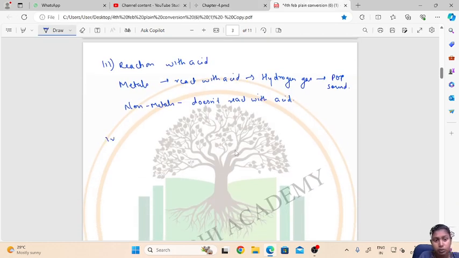So the next one is reaction with bases. Here also metals react with base. Again they form hydrogen gas with a pop sound.